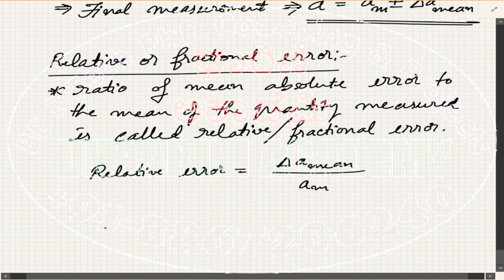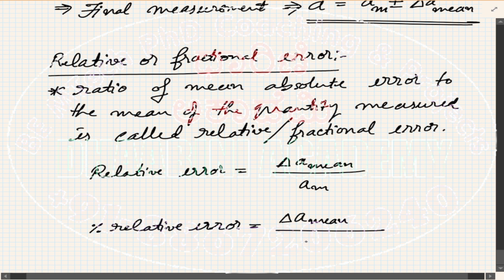If you want to write this in percentage, that is percentage relative error. Sometimes we need this because the question says calculate relative error in percentage, then this becomes delta A mean divided by AM into 100. Okay, so these are the various types of errors that are possible.